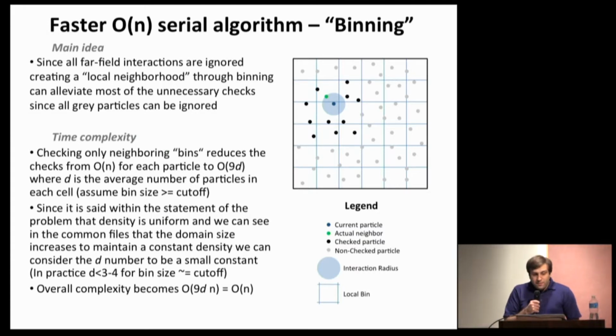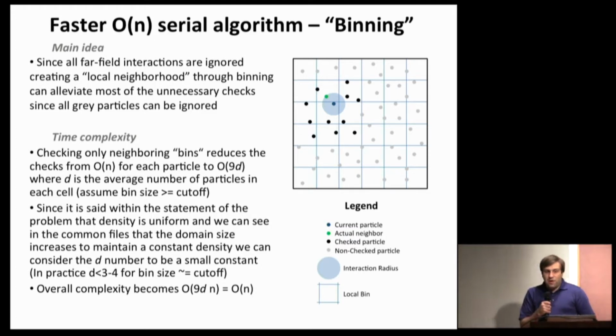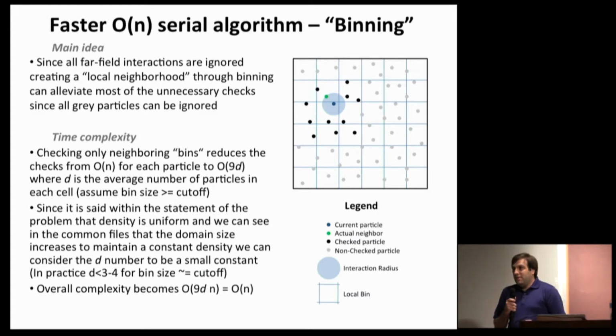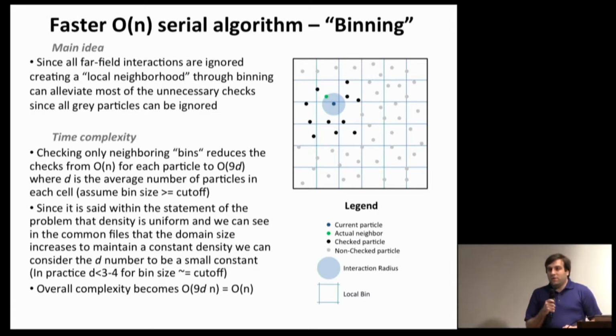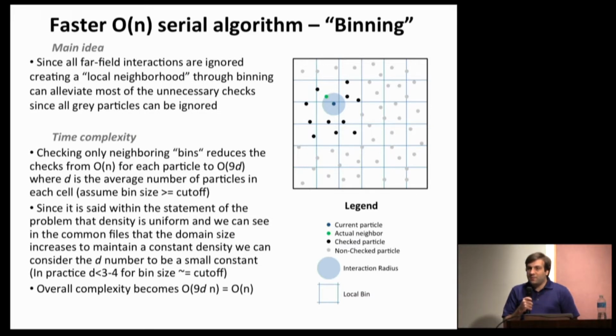Doing this sort of approach will reduce the complexity from order n squared to, for each particle, having to check my bin and the neighboring bins. So if we assume d to be the number of particles per bin, then the total complexity becomes order n times d times 9.